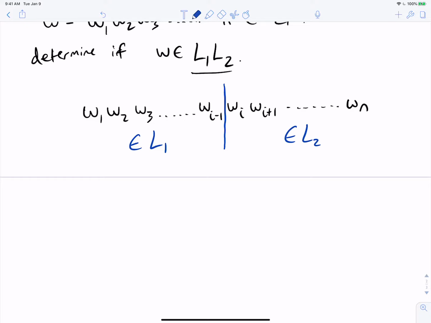Even though we don't, here's the problem. If I know where the split is, let's just run the first machine up to where the split is and then continue from the second machine. How do I instantaneously jump to the second machine?